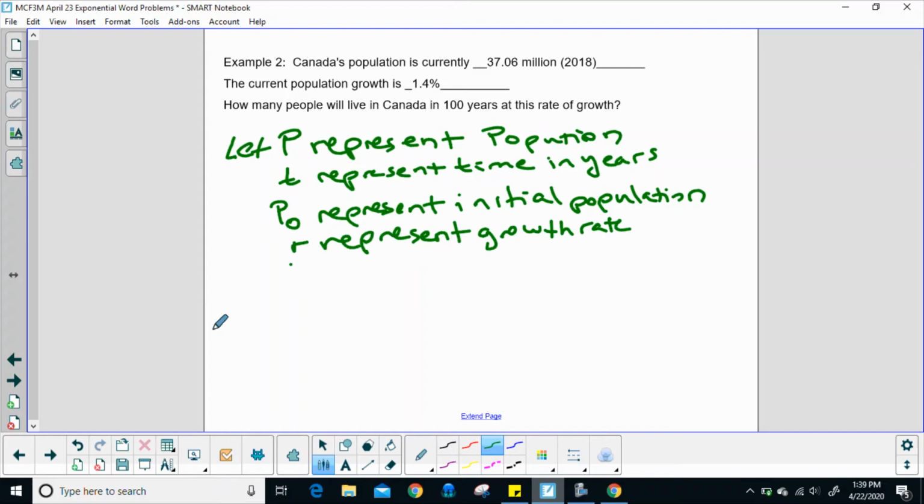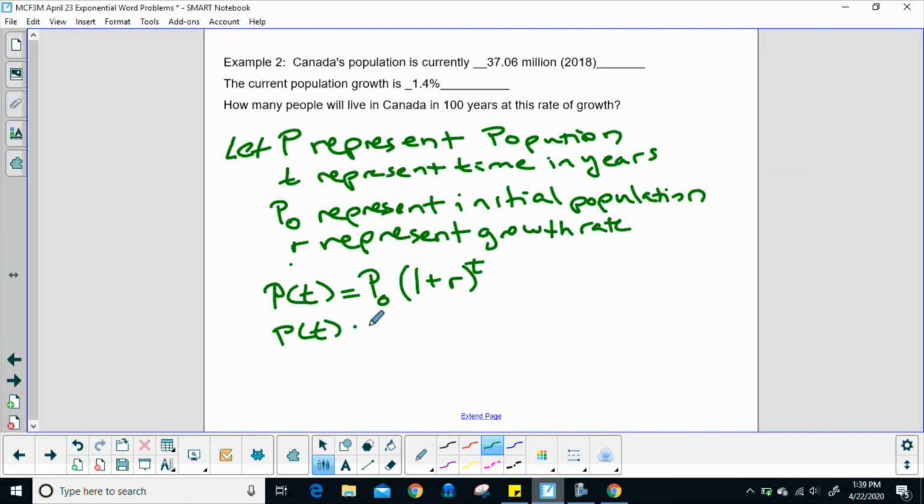So my general form for my equation is P at T equals P with the little 0, so that's my initial, times, I'm dealing with percents and I'm growing, so I'm going to plus my rate to the exponent T, because that's how I'm going to count it all.